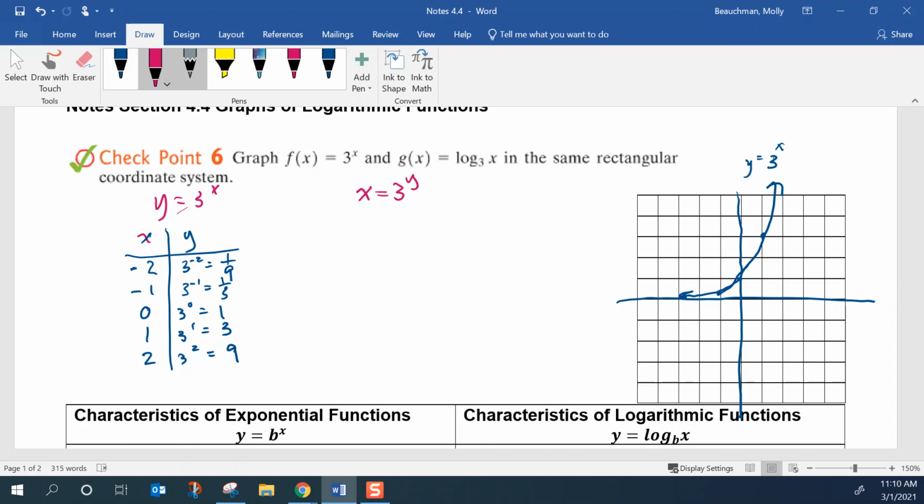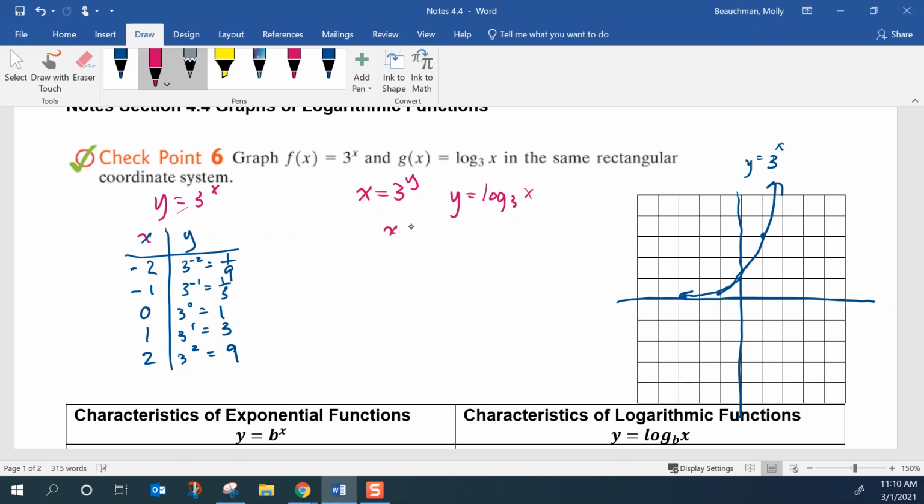Then solve for y. In this case, we can't solve for y, but we can rewrite it in logarithmic form. So we end up with y is equal to log base 3 of x, or our function g of x, log base 3 of x, is the inverse of y equals 3 to the x.